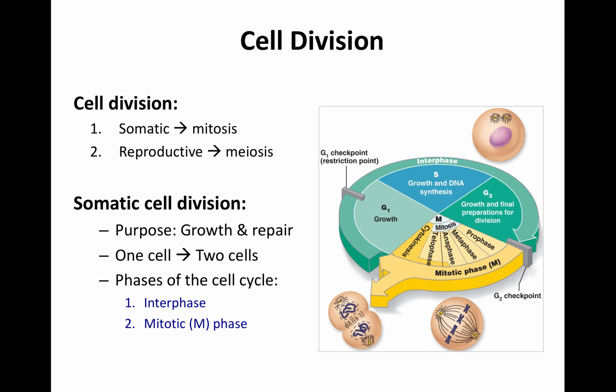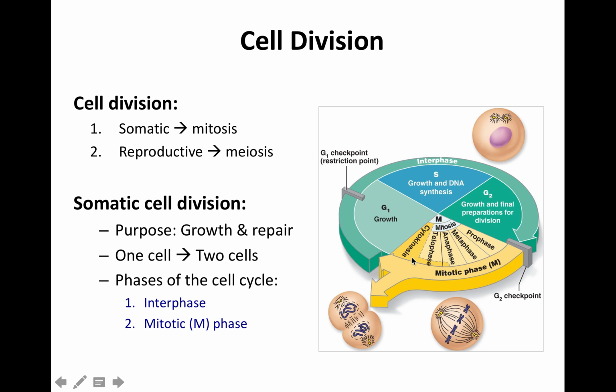If you take a look at the picture I have on the side, you notice that the process of cell division is divided into two main processes. One is represented in about 3/4 of the circle, and that is referred to as interphase, and it itself has three parts. Then about a quarter of the process of cell division is referred to as mitotic phase or M phase, which is also broken down into smaller fragments.